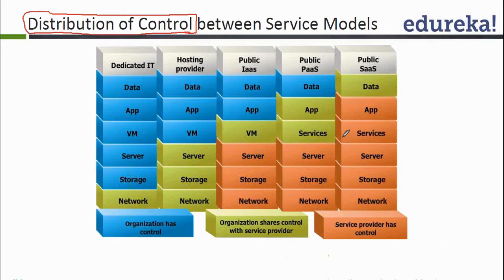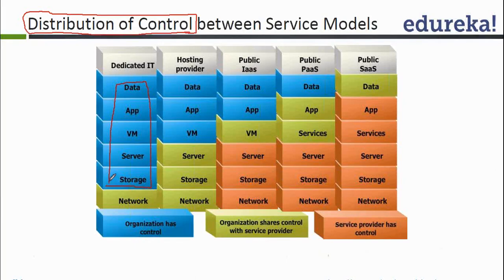Now we try to compare all this. In the case of dedicated IT, everything is under your control. The blue part says under your control, the green part says you are sharing with someone, and the orange part says it's with someone else. Here in the dedicated IT, storage, server, VM, app, data, everything you own.